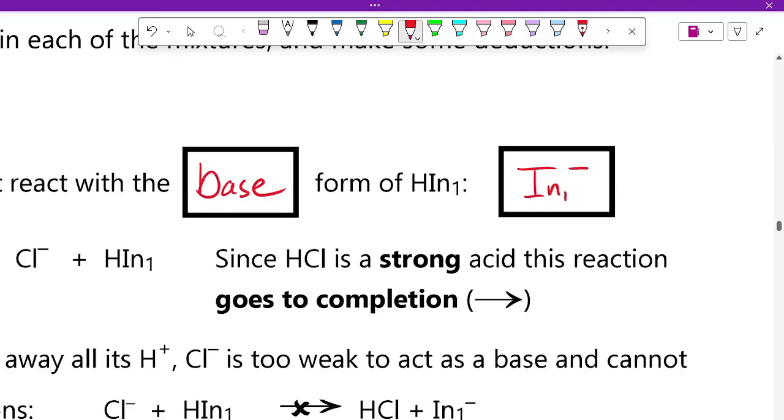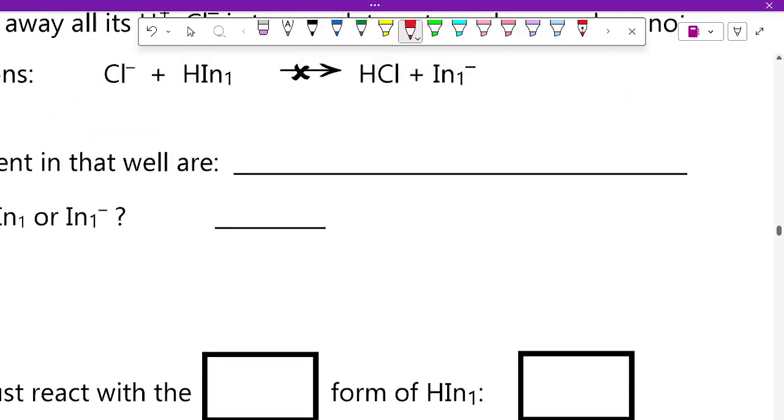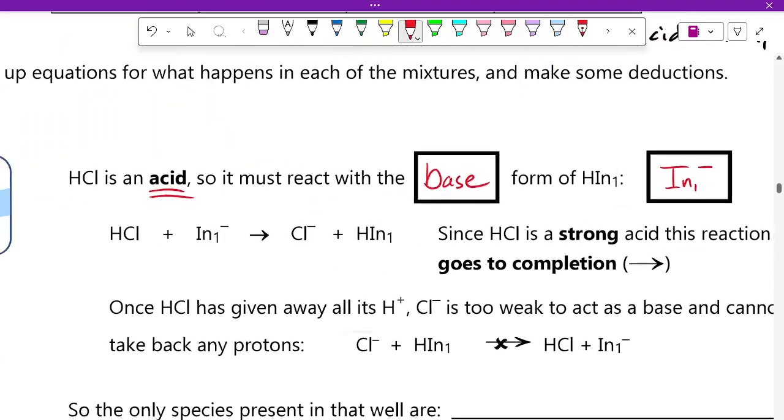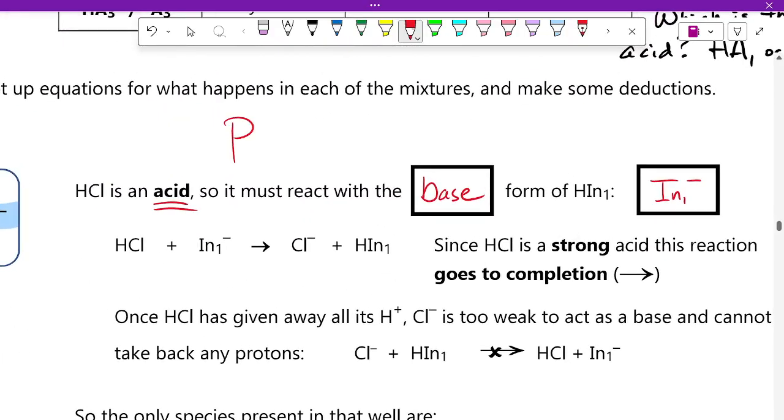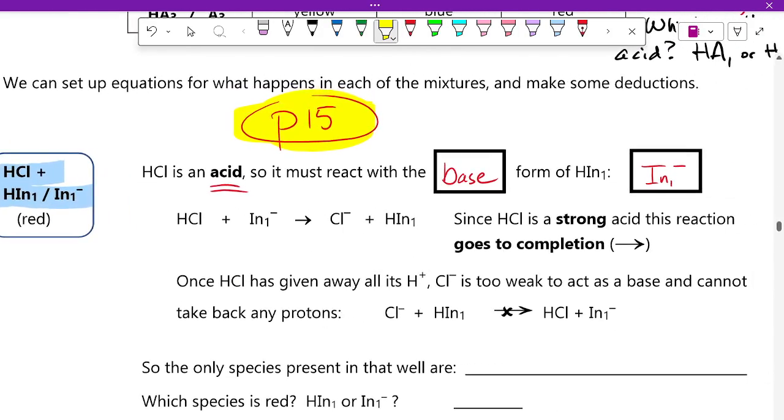So we're going to put our acid, and this is on page 15. Sorry about that, I should have said that earlier. So we're going to take our acid, HCl, and we're going to react it with the base form of the indicator, In minus. And when we do that, because this acid is, what kind of an acid is that?